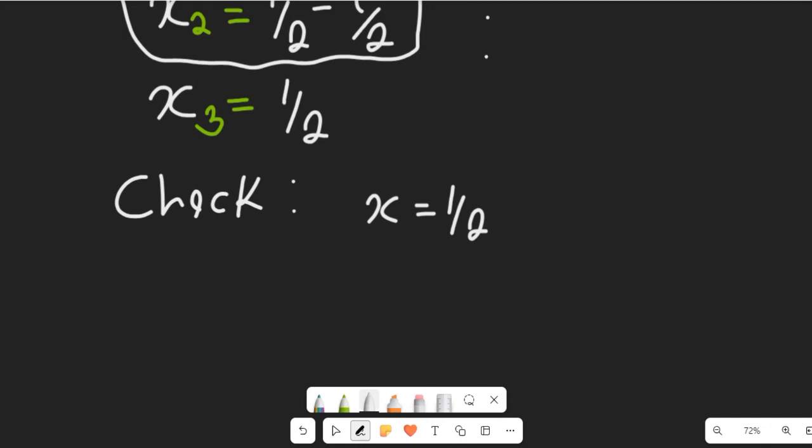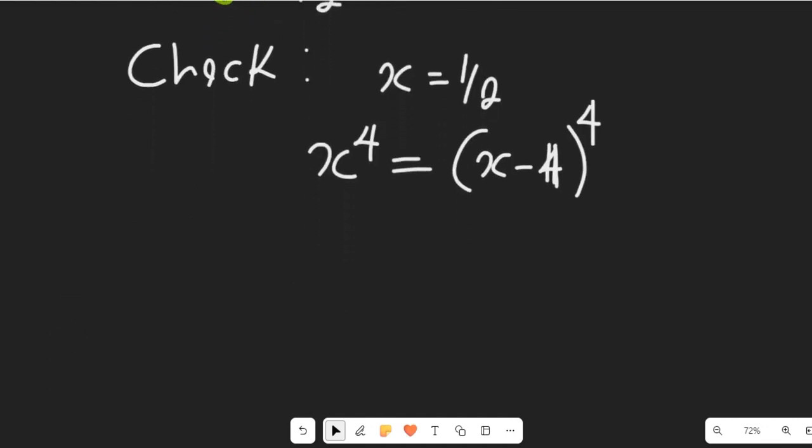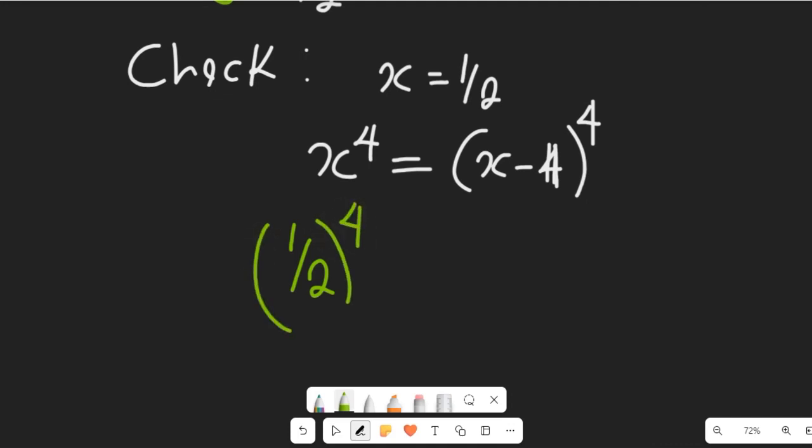Remember, we are given that x to the power of 4 is equal to x minus 1 all to the power of 4. So if we insert the value of x equal to 1 divided by 2, can we make the right hand side equal to the left hand side? We have 1 divided by 2 all to the power of 4 equal to 1 divided by 2 minus 1 all to the power of 4.